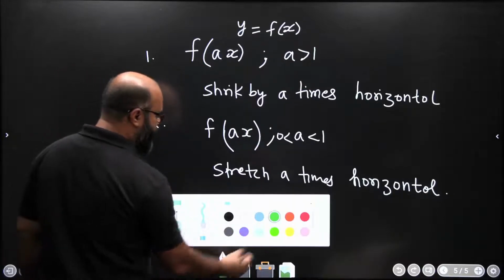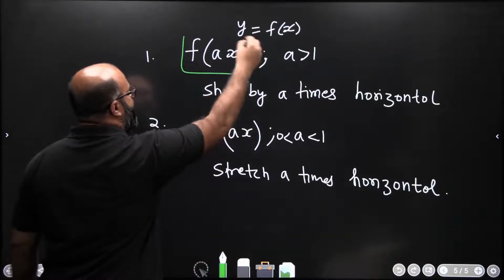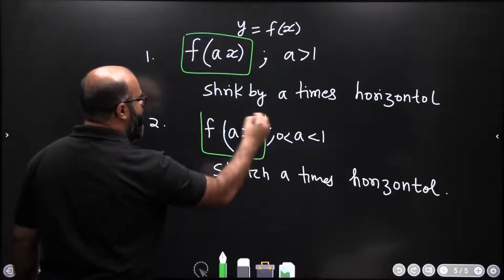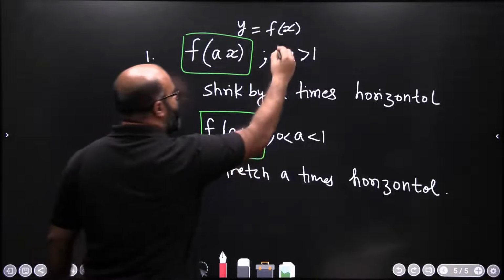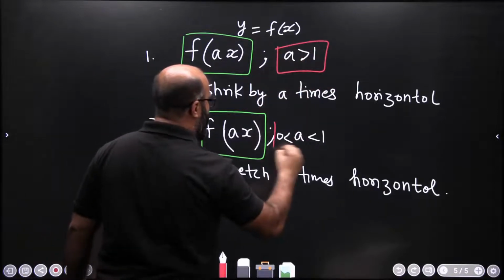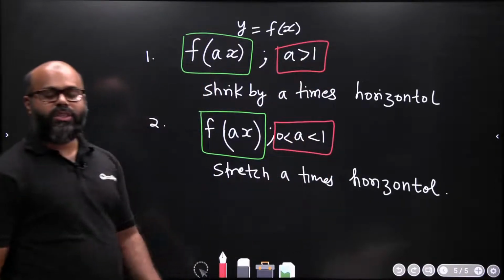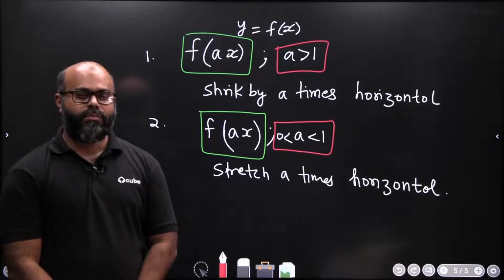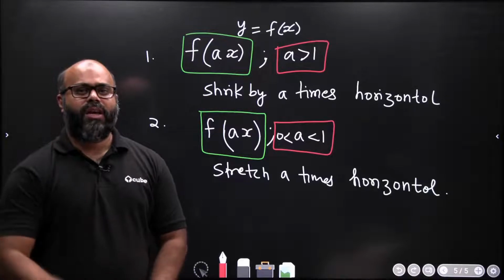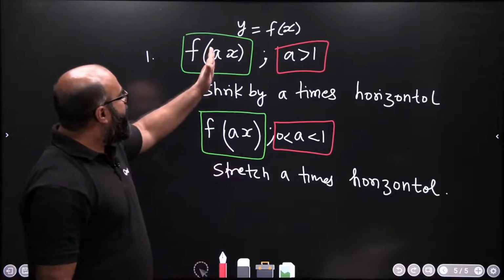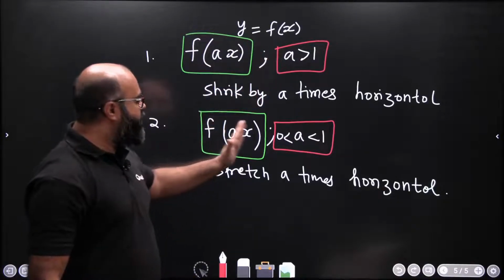Both the places we have f of ax. What we are doing here is just changing the condition on a. I am not changing the function, I am changing the condition on the input which is getting multiplied with the a. So a is greater than 1 here, a is smaller than 1 here.